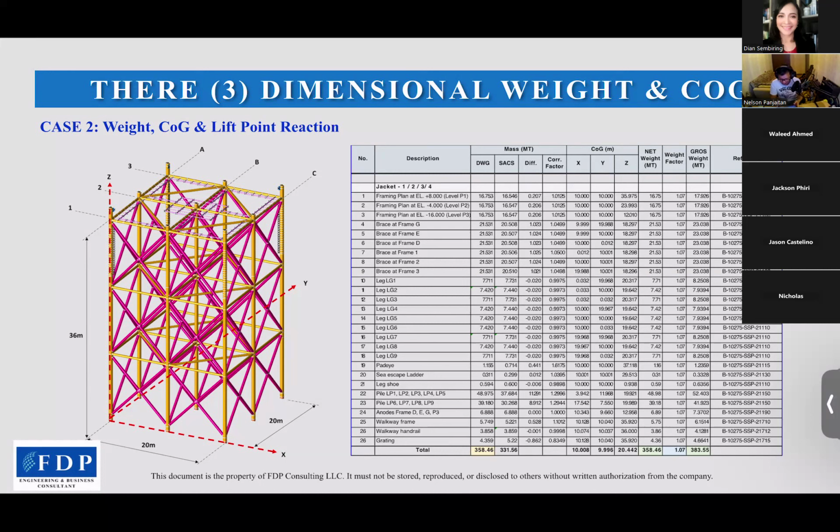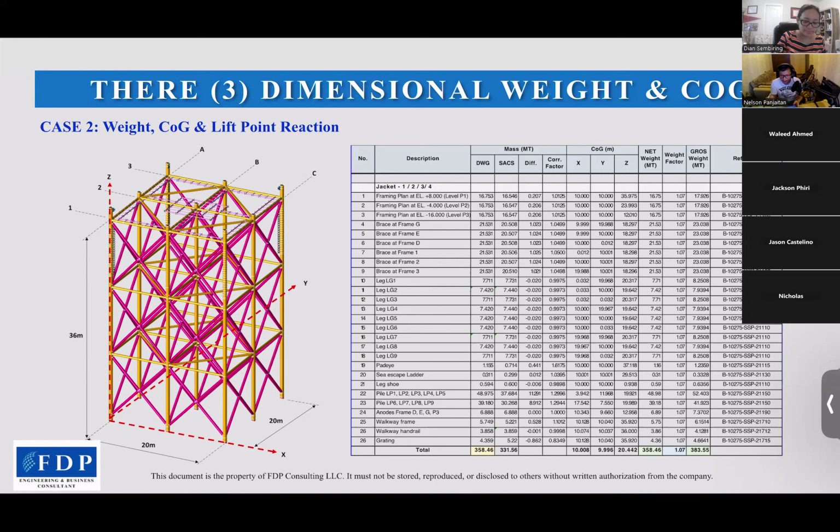As you've seen, I calculated the COG manually using the drawings, just to make sure that what I input in the software is correct. So I always refer to my manual calculation before I get into the software.